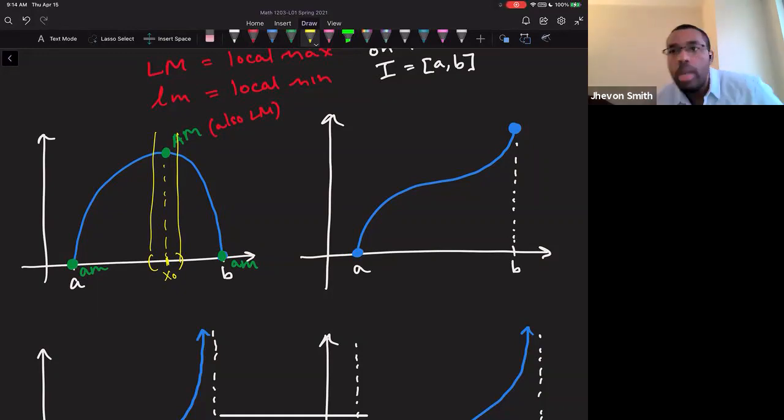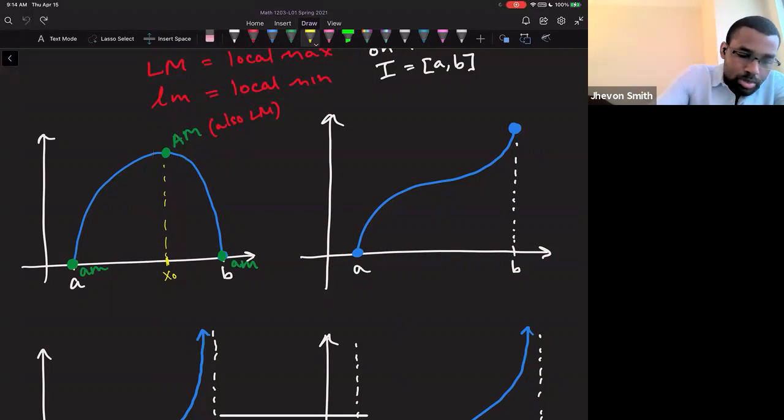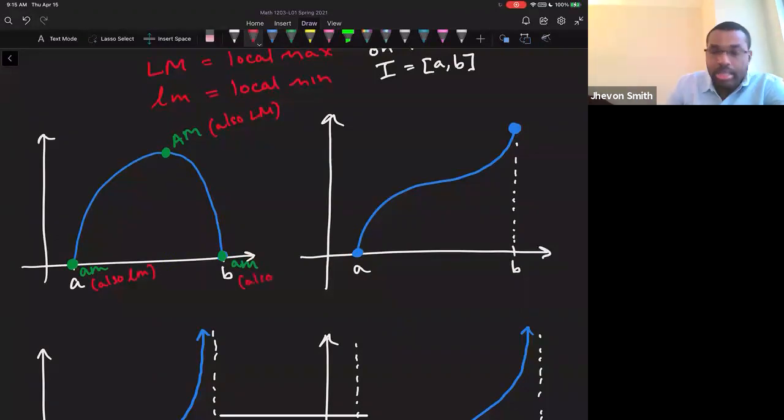Once it's bigger than everybody on the entire interval, it's going to be bigger than everyone in a small window where it's centered. So it's automatically a local. But we often don't label something both. If it's absolute and local, we usually label it just absolute. The local is implied. So this is also a local minimum in that sense, and this one is also a local minimum.